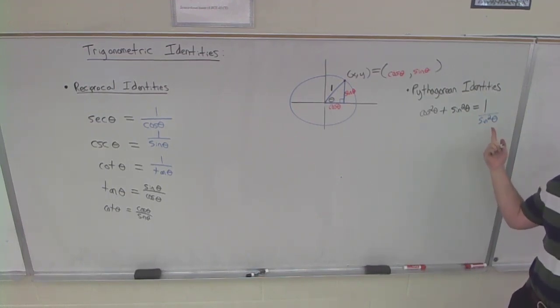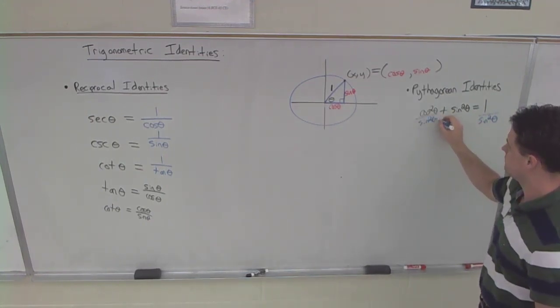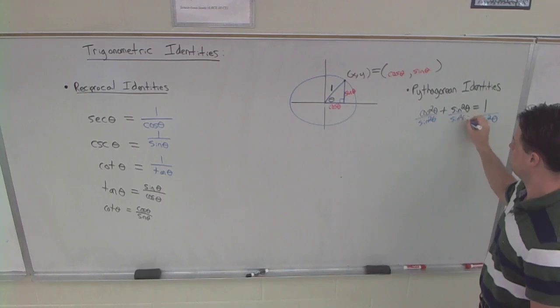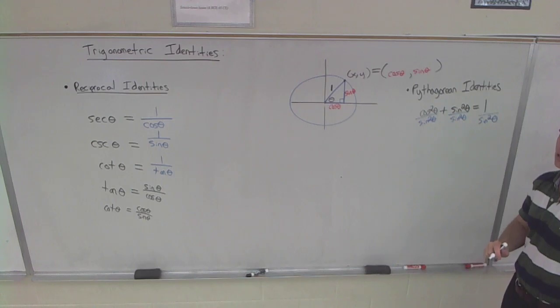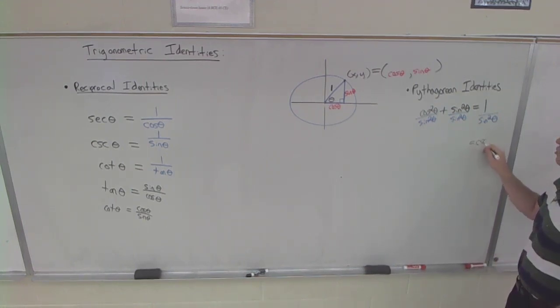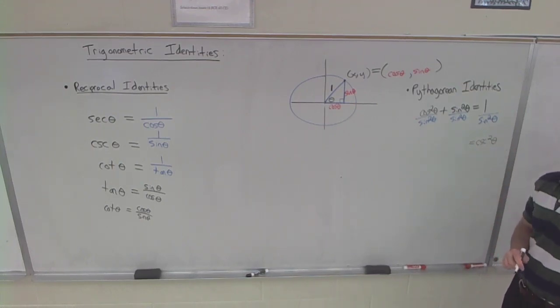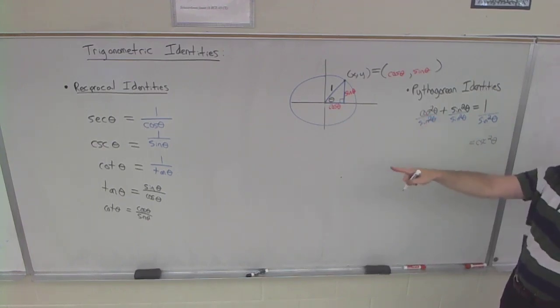Do something to one side of the equals, you have to do it over here too, right? So here's the main identity. The 2 other versions: cosecant squared theta equals, what's this? Careful, look over there carefully, guys.